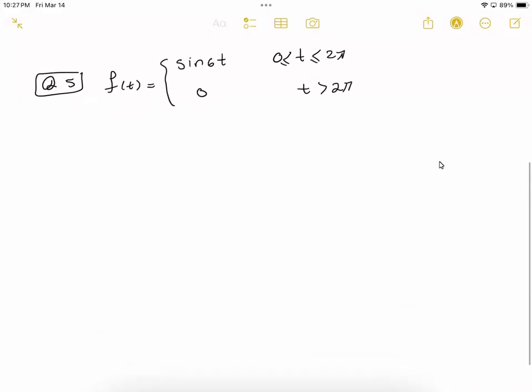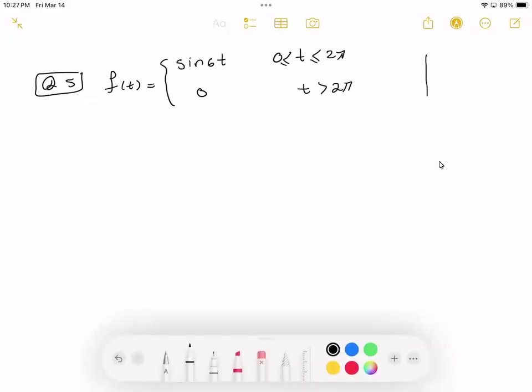Because of that 6t, we are going to have a lot of these sine waves. Then after 2 pi, it becomes 0.